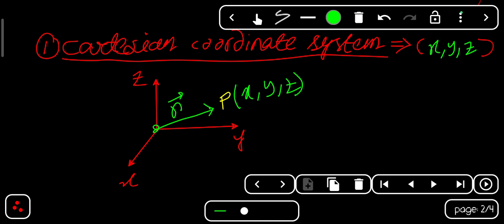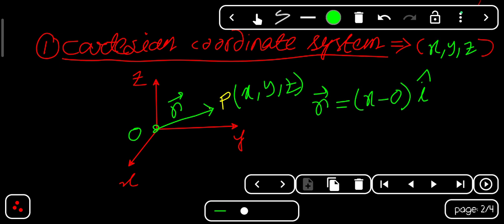According to the vector, r vector will be equal to (x minus 0) i cap. Why have we taken 0? Because we are starting from the origin to the point P. The coordinates of the origin will be 0, 0, 0 and the coordinates of point P will be x, y, z.